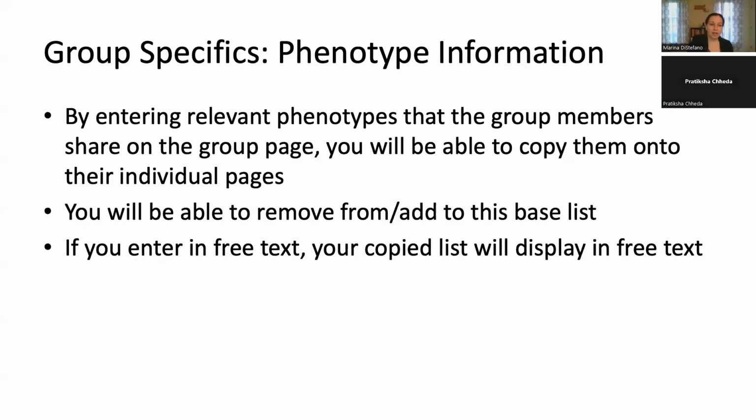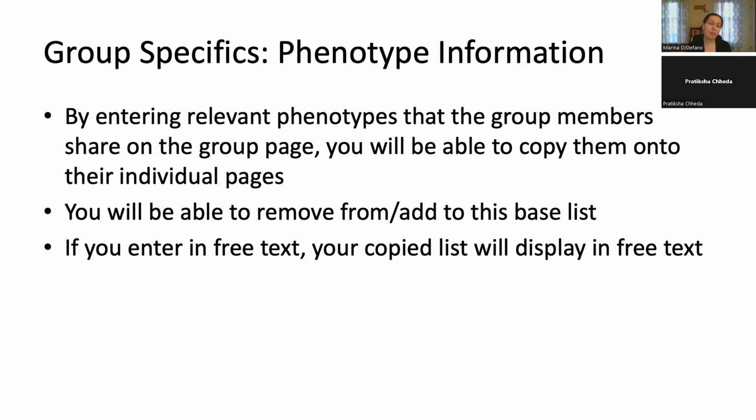So why the group is convenient, which is what I've said previously, is when you add information to the group, you can copy it to every single person within the group. And so it saves you time. So let's say you have a multi-system phenotype or a syndromic phenotype that has, I don't know, 12 different features. You can add those all at the group level, and then when you go to the proband, you can remove certain features from a particular individual if they didn't display all of those features.